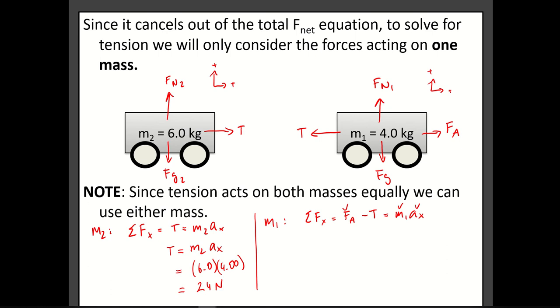So let's rearrange this for tension, which in this case just means moving the T to the right and moving the M1 times A to the left.